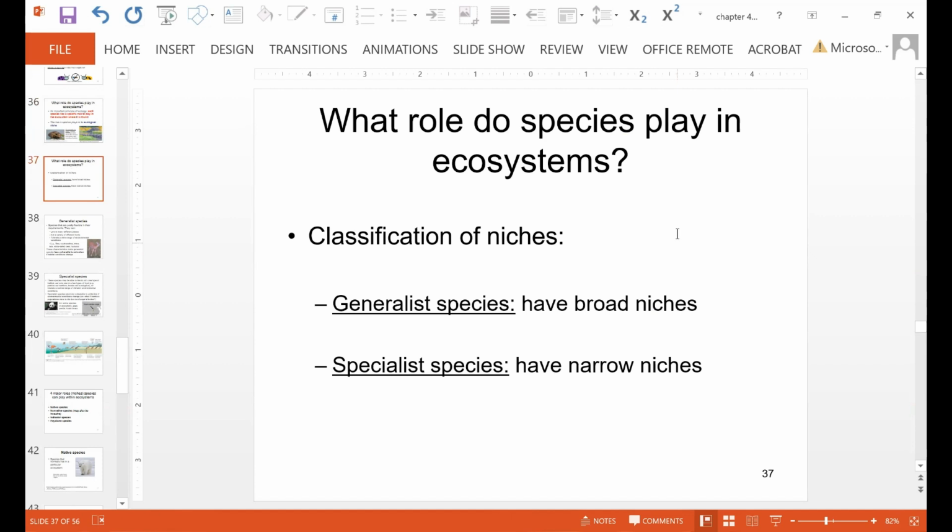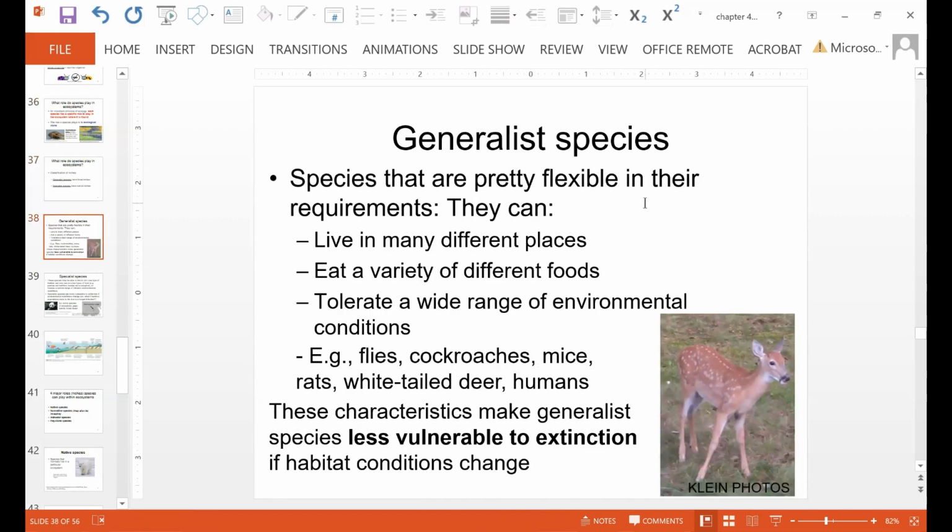What role do species play in ecosystems? Classification of niches. Here we have a generalist species, that is a species that has broad niches, and a specialist species is a species that has a narrow niche. Generalist species are pretty flexible in their requirements.